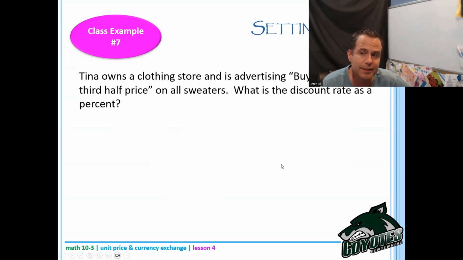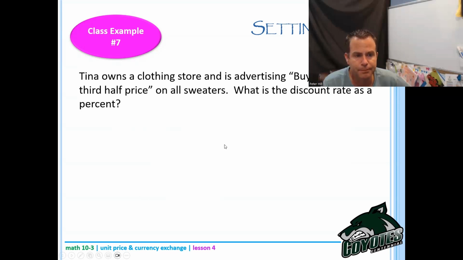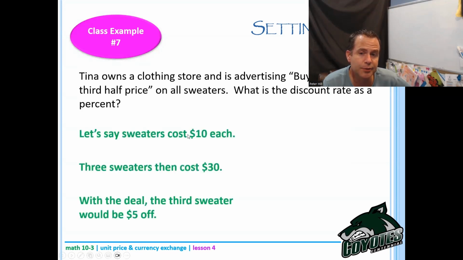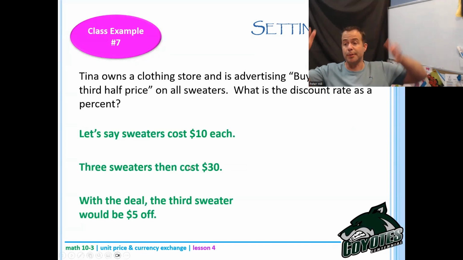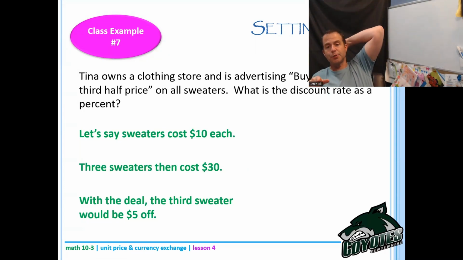The question says, what is the discount rate as a percent? I'll hide myself here just so you see the full question. Let's just put a number on it for now so that we can play with the numbers. Let's say that the sweaters cost $10 each. That would mean 3 sweaters cost $30. That would be the regular price of 3 sweaters. Now, with the deal, the third sweater would be $5 off.